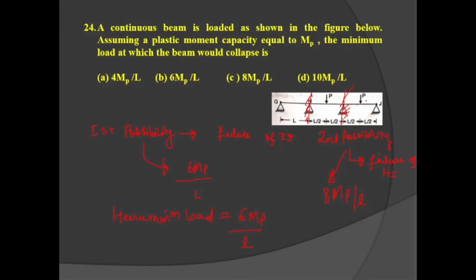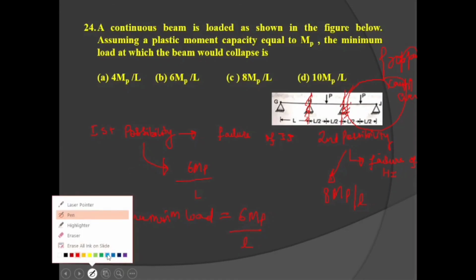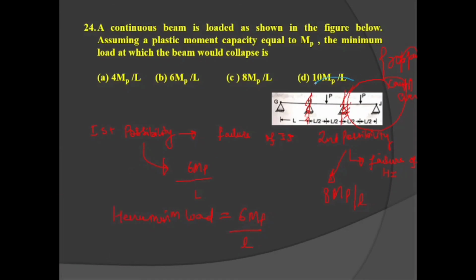If I repeat this question, this is our propped cantilever. When this fails, it will behave as a propped cantilever, and when the other fails, then this will behave as a fixed beam.